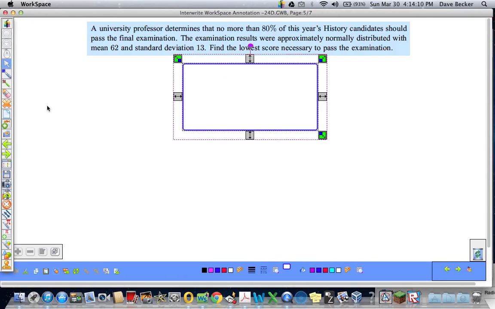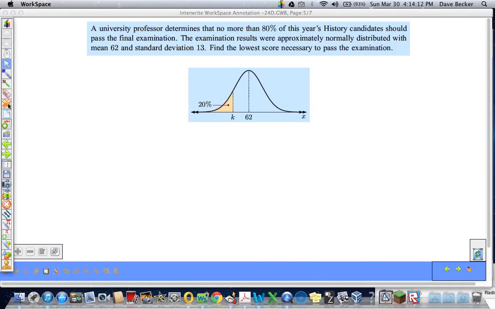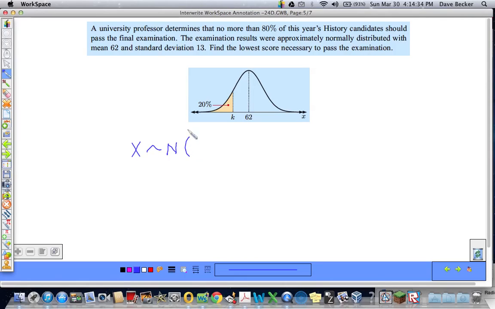Okay, so what are we talking about here? Always sketch the curve. We had a mean of 62, and these poor folks are going to fail. So what do we know here? We know that the random variable x is normally distributed, and we have a mean of 62 and a standard deviation of 13.